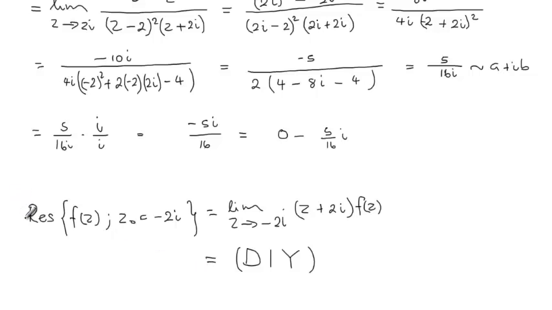I think now it is advisable to proceed to computing the residue at a repeated pole, which in this case is 2. Now computing residue at a double pole, which is z equals 2.